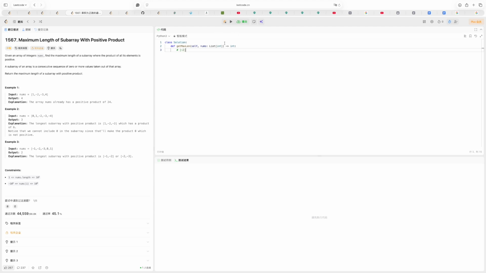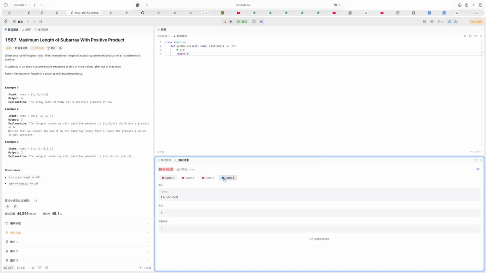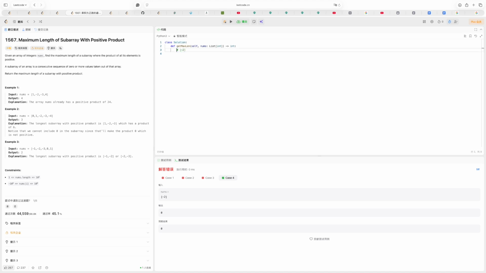I think I would like to test this, maybe add it like this, and you can just return 0 and check. Oh, okay, it's 0. So we can take 0, like nothing.